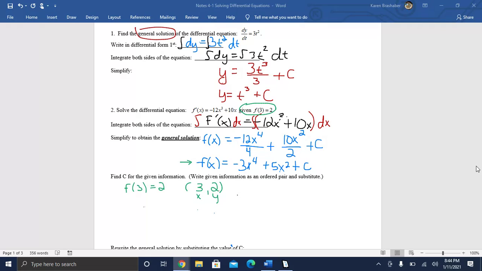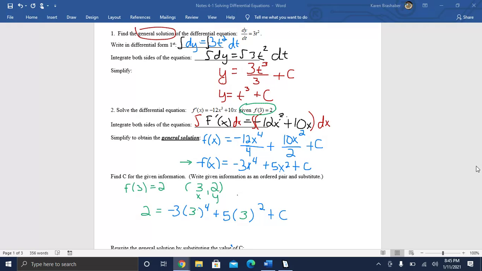So 2 equals negative 3, and then x, which would be 3 to the fourth, then we'll add to that 5, and we'll put in 3 again, and that's to the second power, and then plus c.